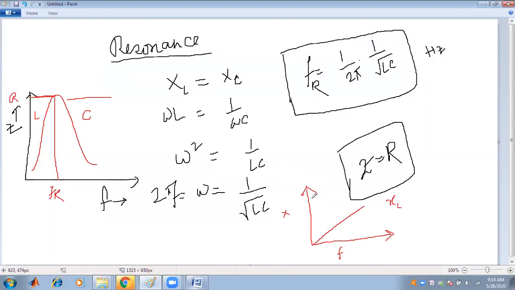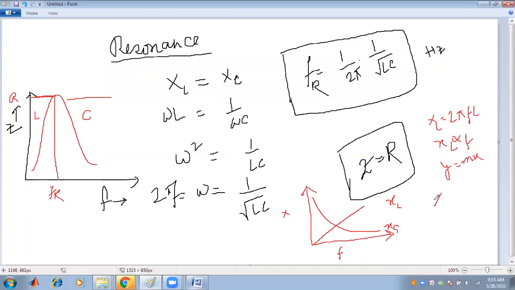And what is the XC? XC equal to 1 by 2 pi FC. So that is the XC graph. That is the rectangular hyperbola. Because XL is 2 pi FL, XL is directly proportional to F, the y equal to mx formula that we have done, so a straight line passing through the origin.